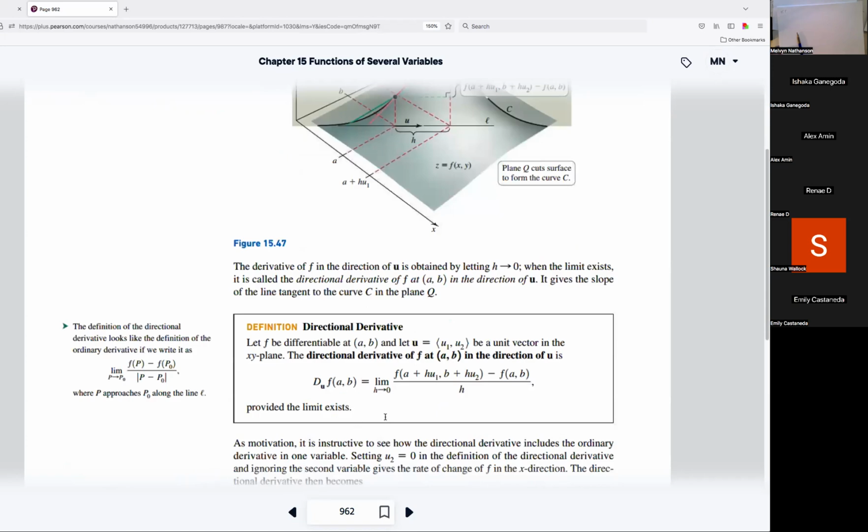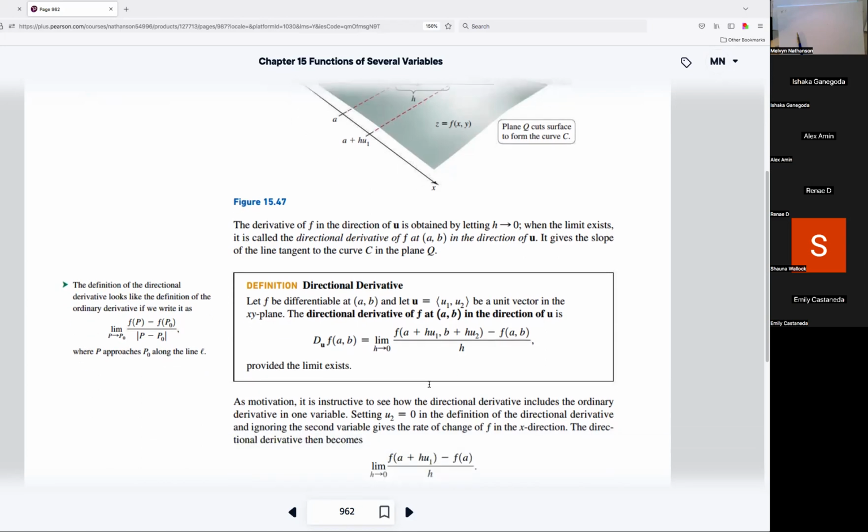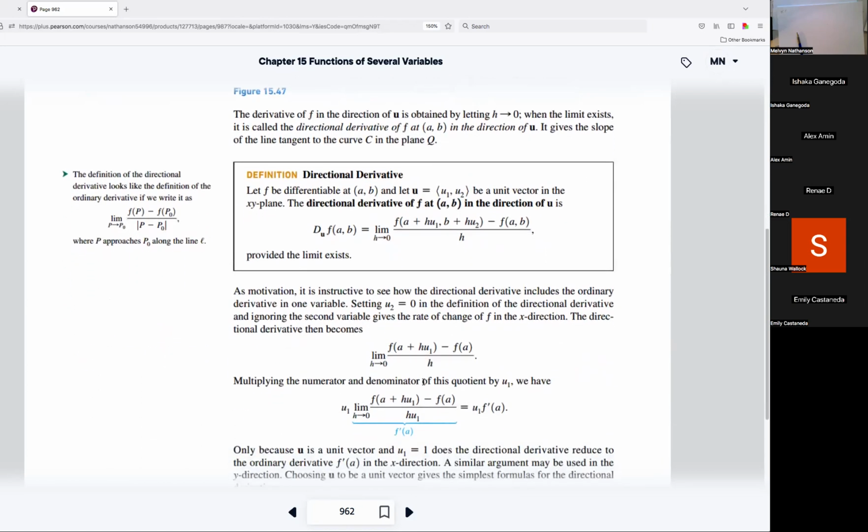And so this is exactly the definition of the directional derivative at a point (a, b). You take a unit vector u in the xy plane, and this formula, the limit, if it exists, is called the directional derivative of f with respect to u. Right? That's what it is.